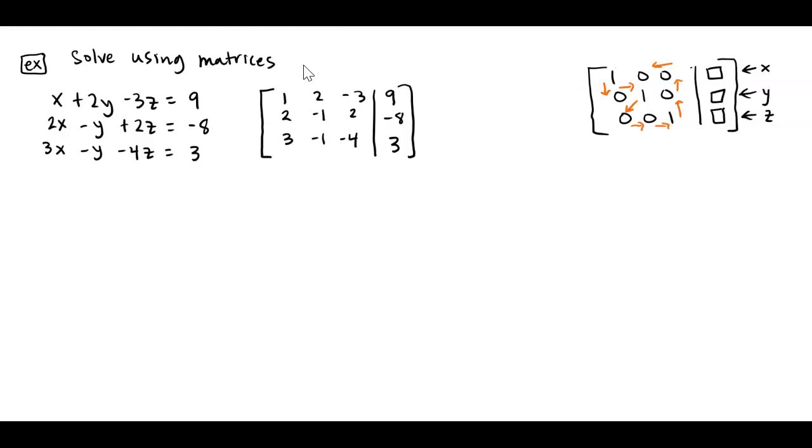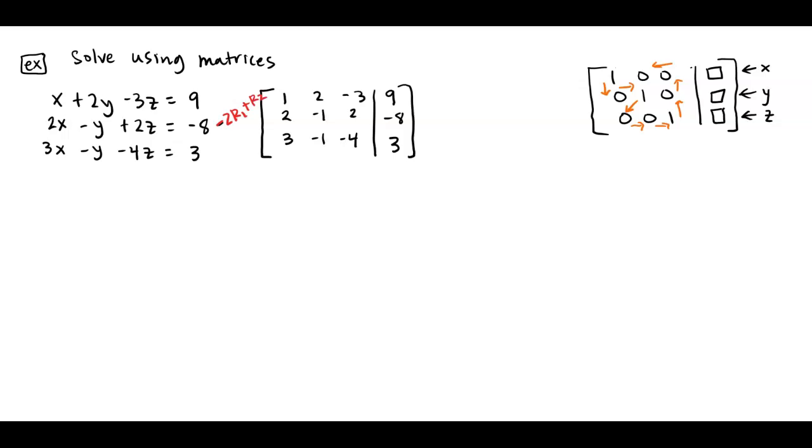So I want to take -2, and I'm going to multiply that by row 1, and then I'm going to add it to that 2 to make a 0 there, so add it to row 2.